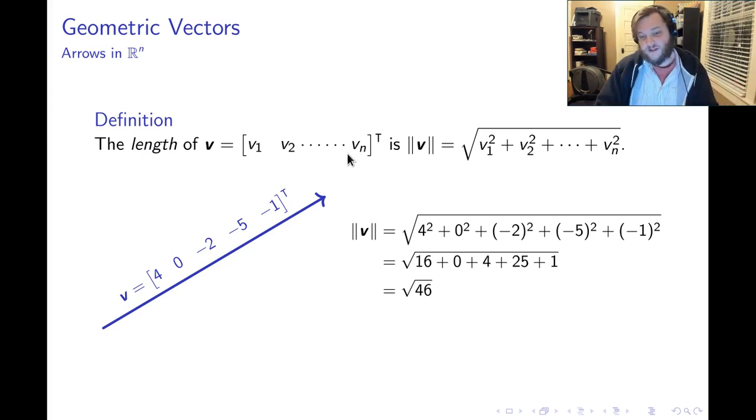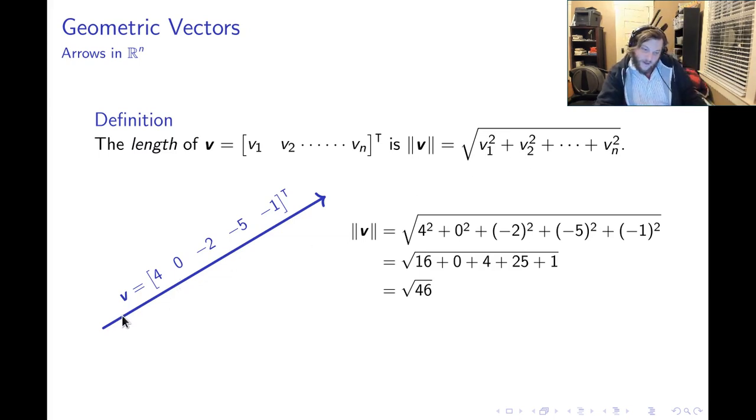Well, we could extend the formula that we've been using. We've been using the formula that says that the length is the square root of the sum of the squares of all of the coordinates. That worked in 2 and 3 dimensions, so let's just always use that formula in higher dimensions. So by definition, we're saying that the length of a vector with n coordinates is the square root of the sum of the squares of all of the coordinates.